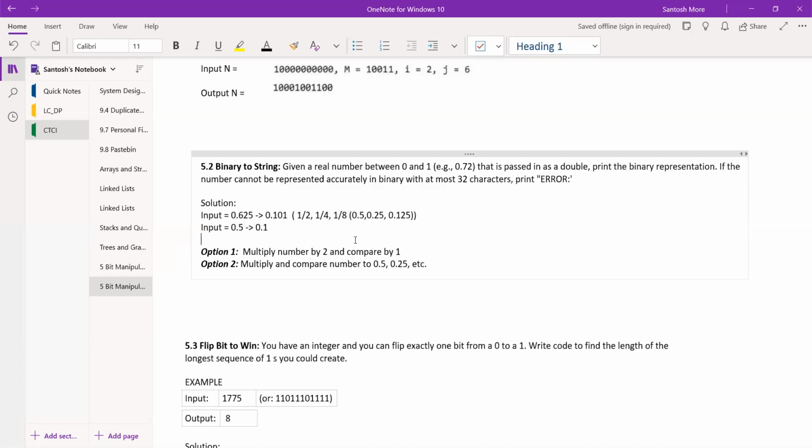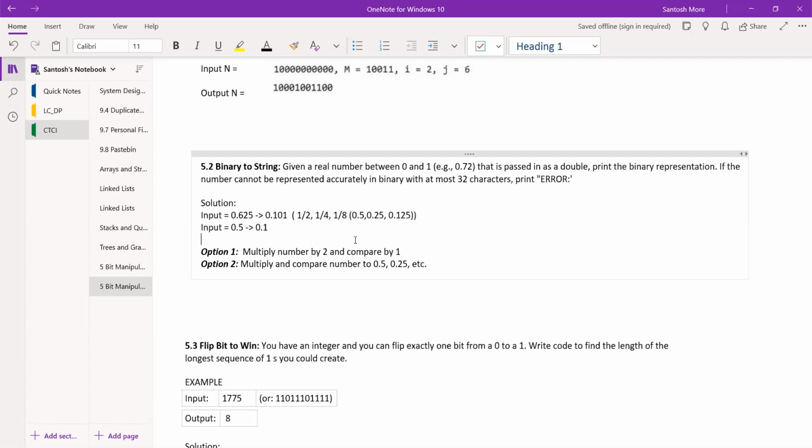Given a real number, I think we do the same way as you demonstrated. We convert the part before the decimal first normally, and then after the decimal, if it's greater than 0.5, we set one bit there.